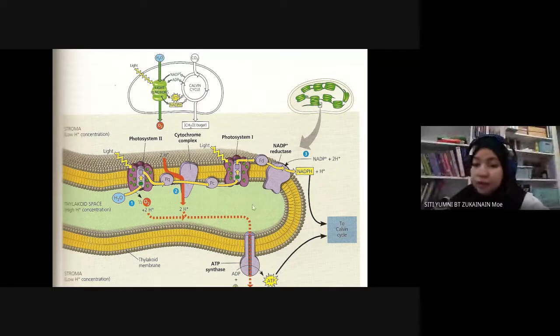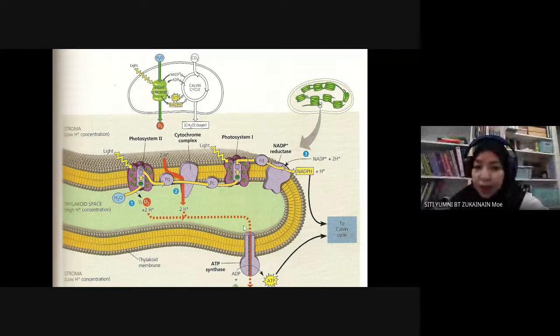Then the diffusion of hydrogen ions from the thylakoid space back to the stroma along the hydrogen concentration gradient powers the ATP synthase.